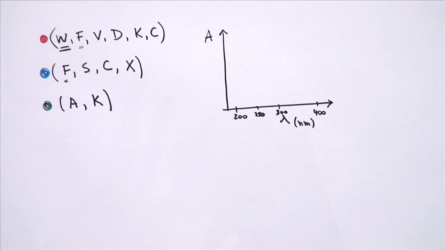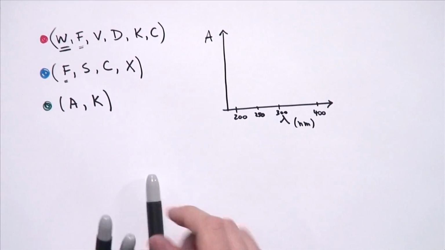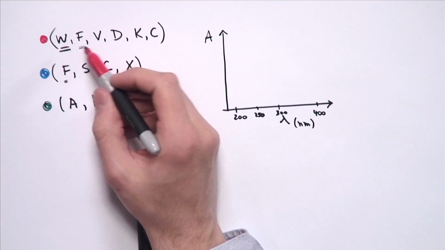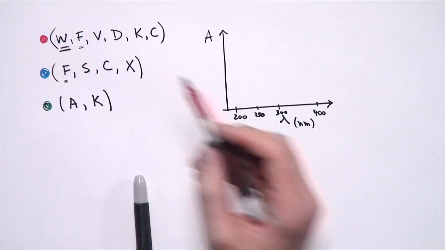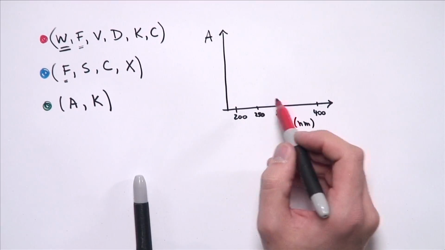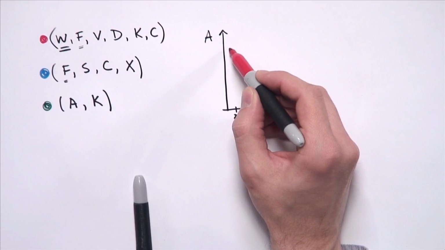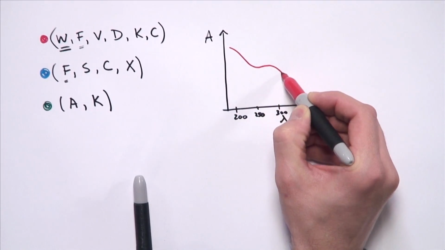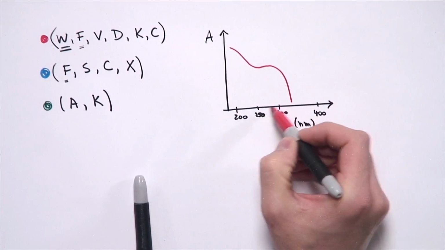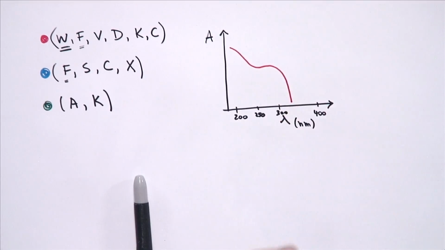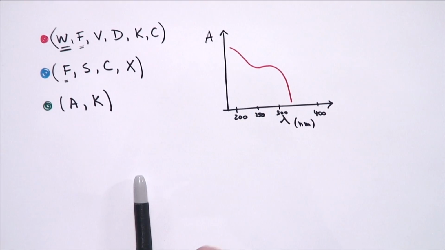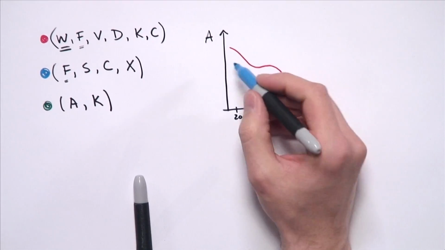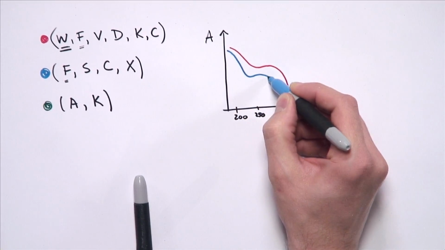All right, so now the red peptide, as I told you, contains both tryptophan and phenylalanine, so it's going to absorb both around 260 and around 280 to 300. So it's going to have a pretty big hump in this area from 250 to 300. Now, the blue peptide only has phenylalanine, so above 280 or so nanometers it's going to drop off. So it's going to look more like this.